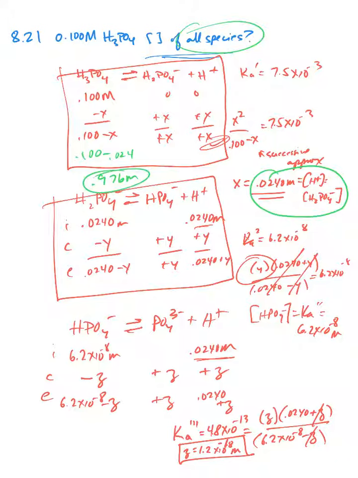That's my concentration of the parent acid. The concentration of the dihydrogen phosphate is here. The concentration of the hydrogen phosphate is right here. And finally, the concentration of the phosphate is way down here. So this is a soup full of lots of different ions at very different concentrations.